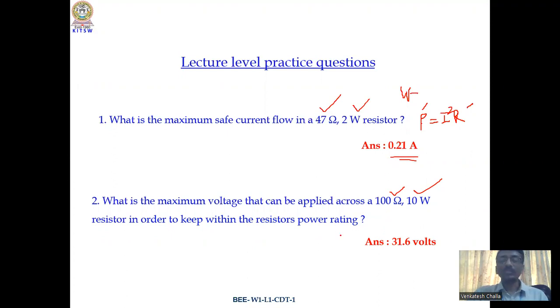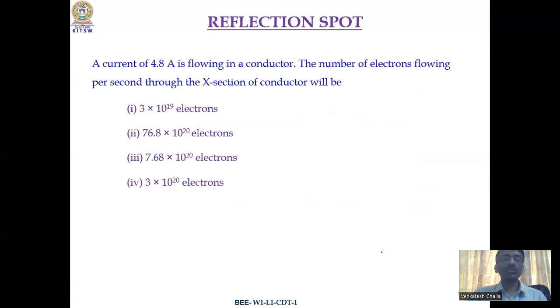What is that voltage? So again we have the formula P is equal to V square divided by R. So you know P, you know R, and hence you can find voltage, and that comes to 31.6 volts. Please try to solve this one and verify.